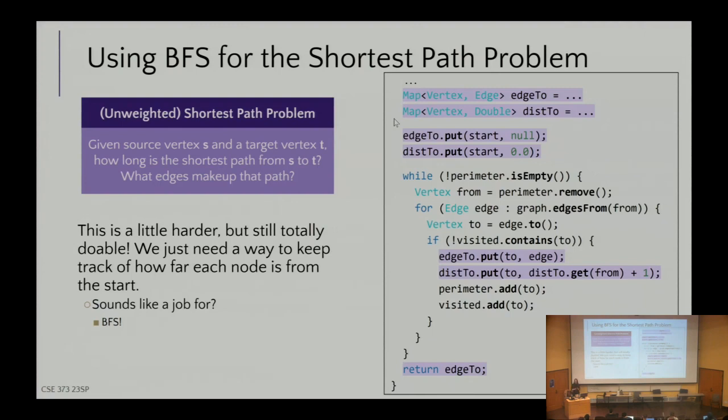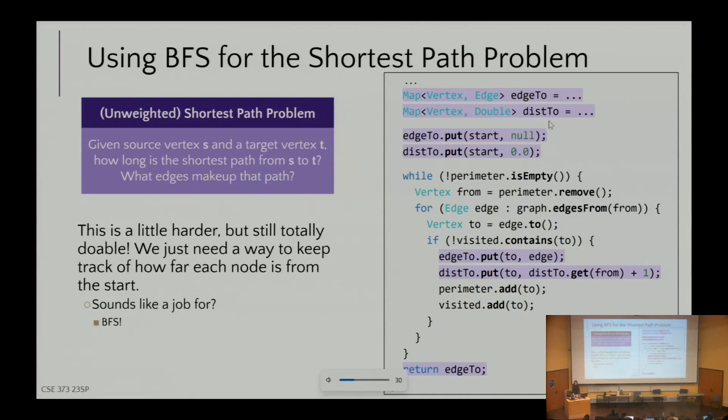And like I said, a lot of graph code just starts to look like this, where we keep adding maps and extra structures to hold extra information as we're going along. Very common. So we're going to do this in the form of 2 maps. The first one, edge 2, is going to tell us between this edge and the one I should travel that represents the shortest path. So eventually, when this map is full, it will tell me what the shortest path is.